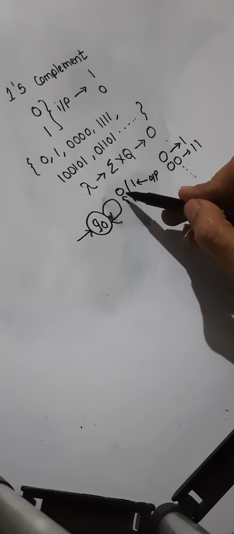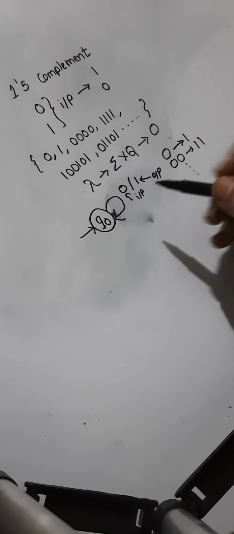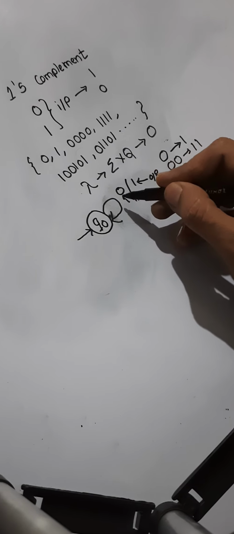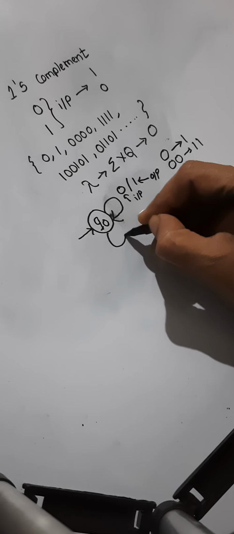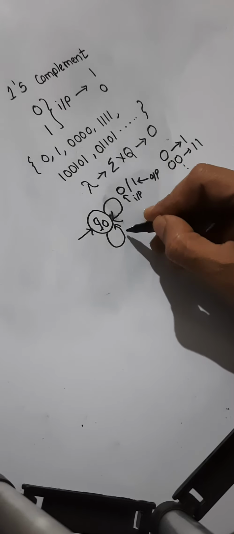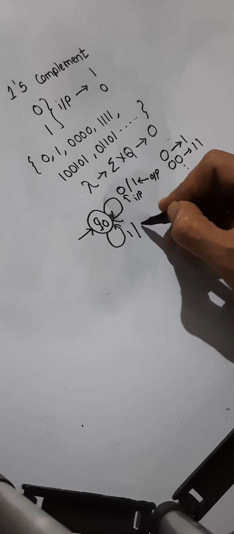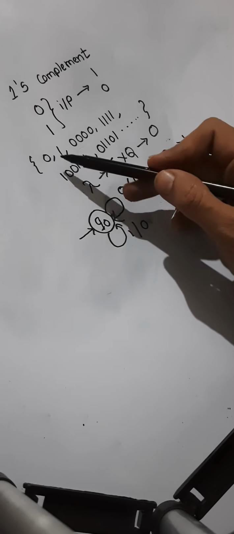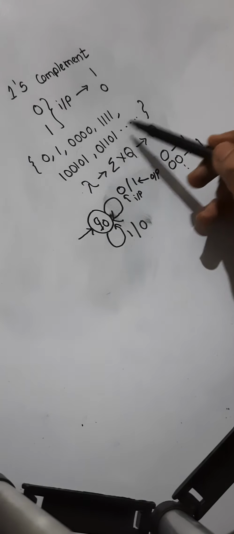So this is only for whom? It is for 0. The same we can do with 1. As it is applicable to 0, the same we can apply to 1. So again put a self loop here, give an input as 1, students, you will get output as 0. Again this is not only for a single 1, it will be for multiple 1s.